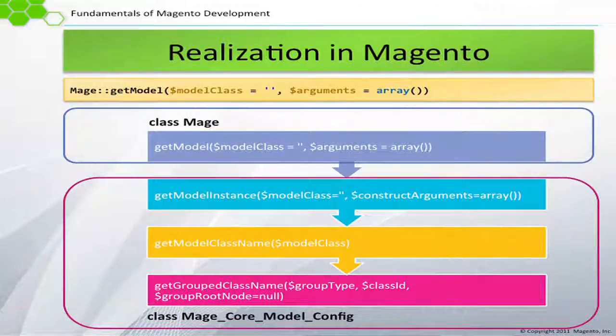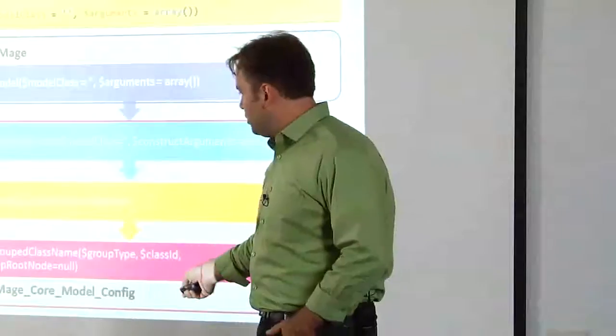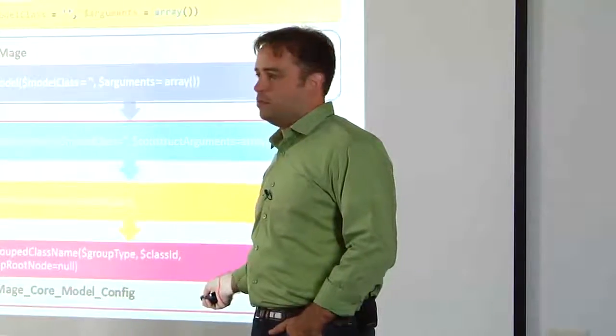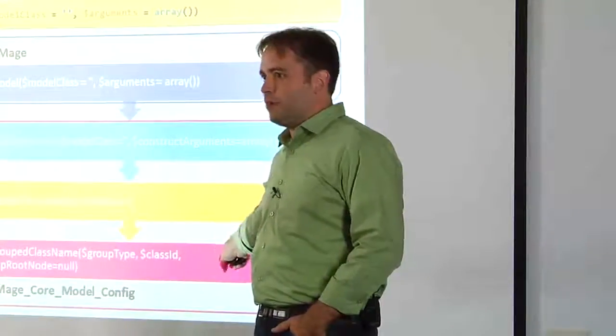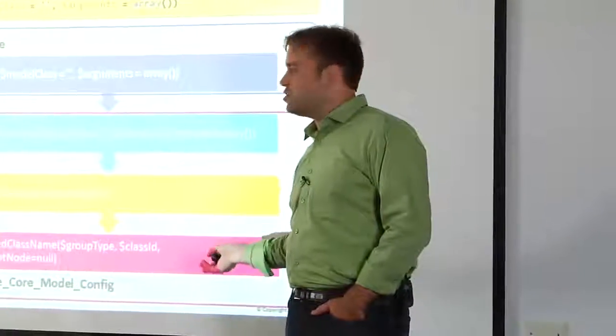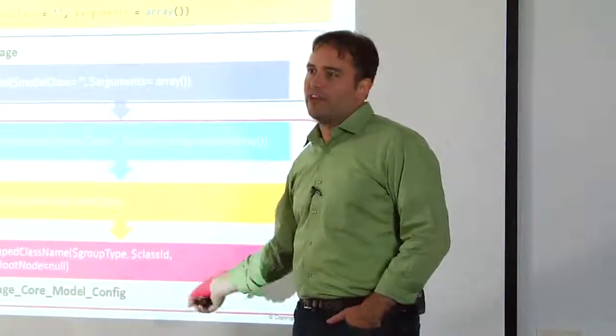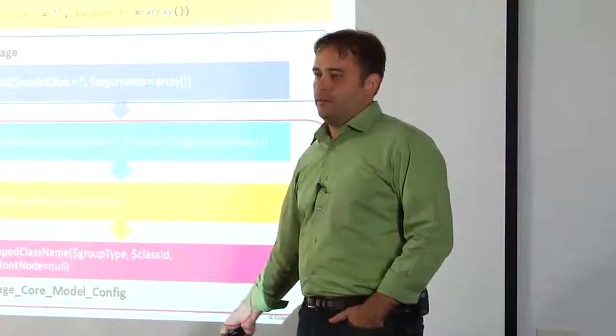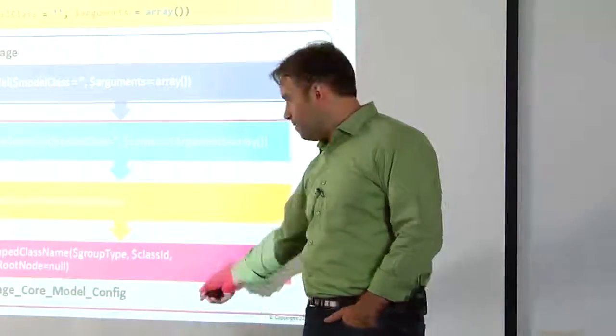Again, we actually added this line in here, Mage core model config. This is where you can see this happening. So class Mage actually dips down into the configuration model. This is a perfect example of what I was saying about how Magento interfaces with that configuration. With this class right here, if you ever have any question about the structure of nodes, you can find your answer here.